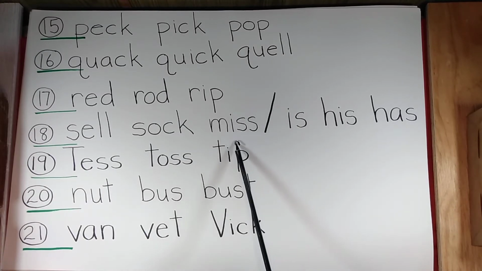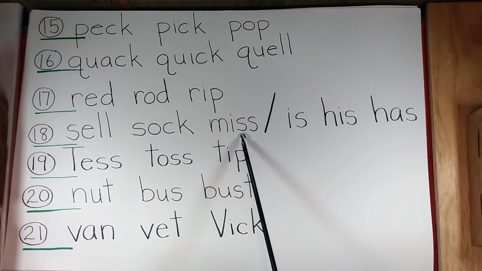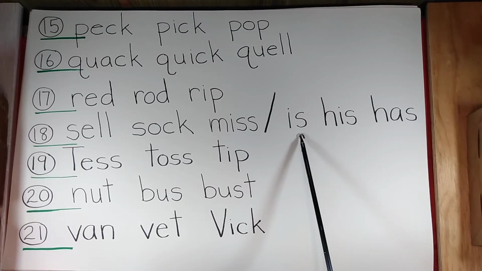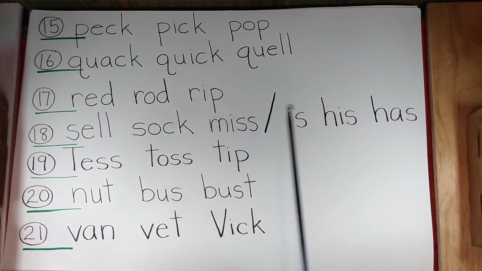The reason we have two sections here is because S can sound like S, as in snake, miss, or it can sound like Z, as in zipper, is, and his.